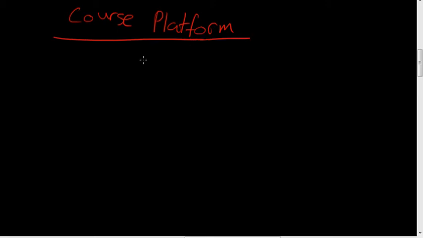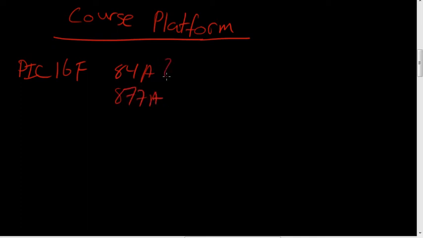What we did is we chose a very common processor family, the PIC, and we chose two. We chose the 16F series, and we chose the 84A and the 877A. And out of these two, we made a development board.